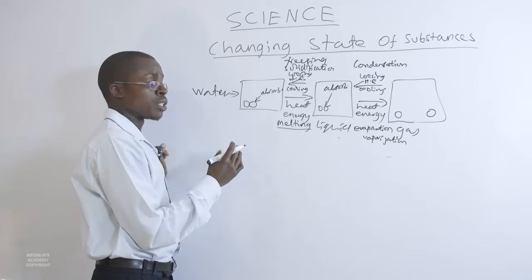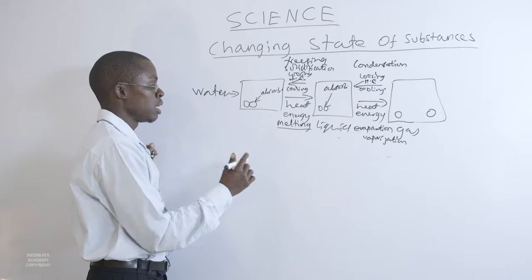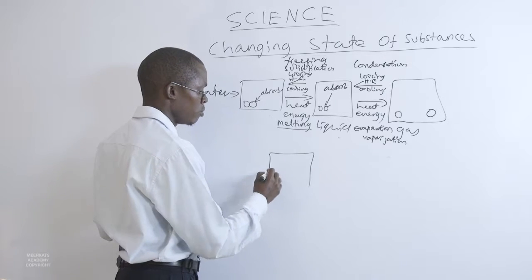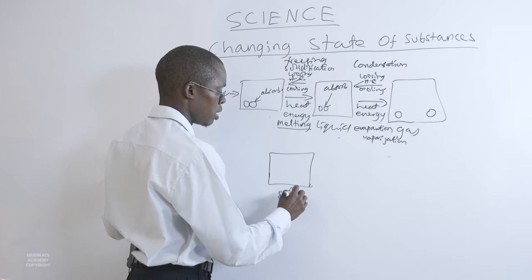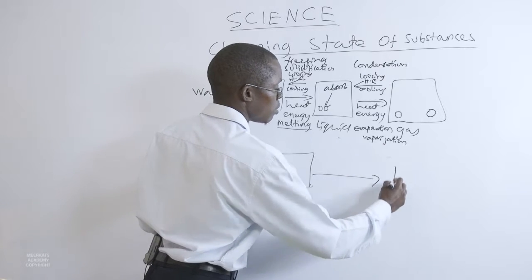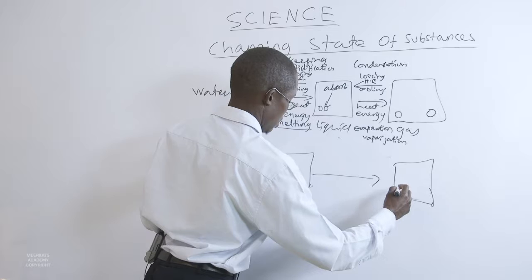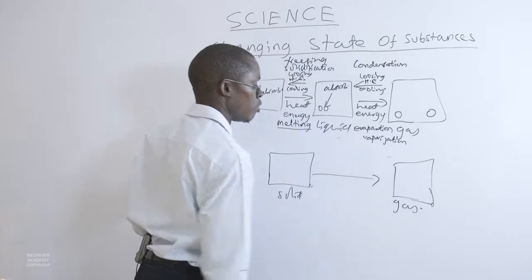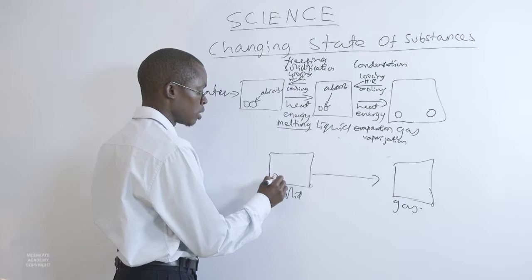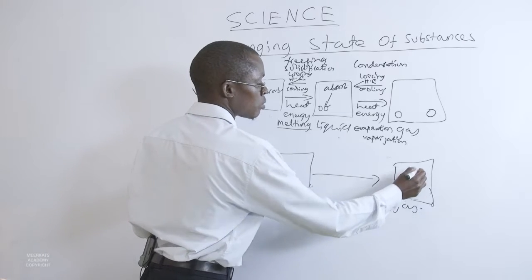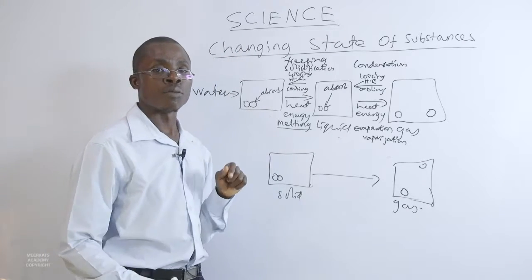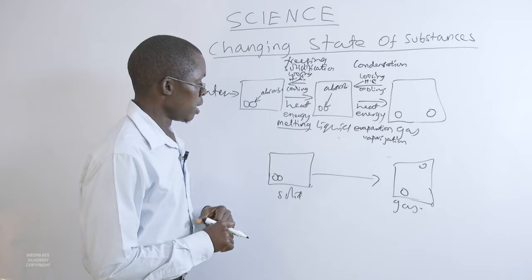But the next process I want us to discuss is that process of moving from solid directly to gas. You move directly from solid, which is close by, to gas, which is far from each other.